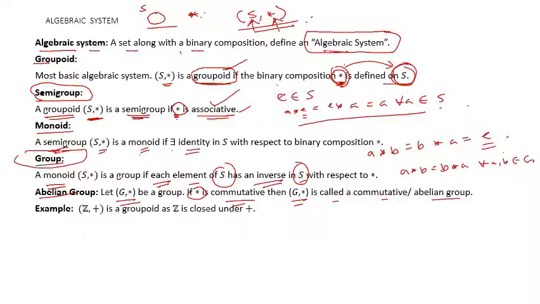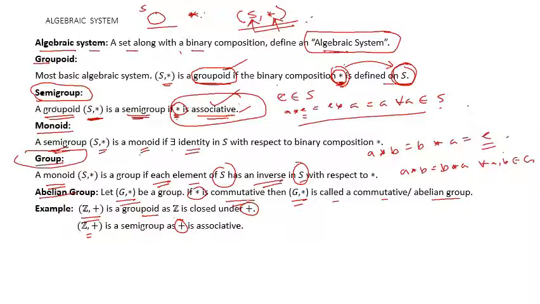Now we come to example. Say Z plus. Z plus is a groupoid কারণ Z, the set is closed under the binary composition plus. So this is a groupoid. Further, it is also a semigroup because this binary composition addition, আমরা জানি semigroup হতে গেলে the binary composition must be associative. আমরা জানি the addition is associative in Z plus. That means A plus B plus C is A plus B plus C. So this is true.